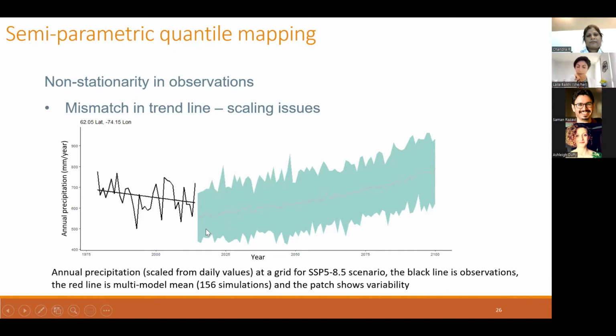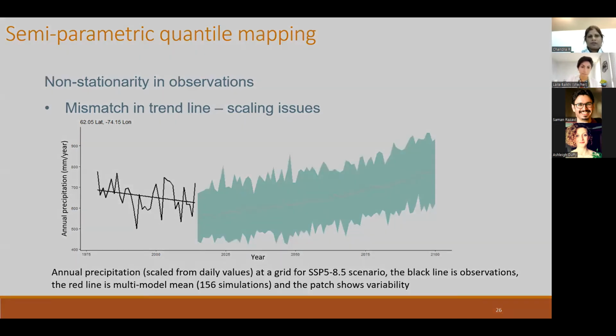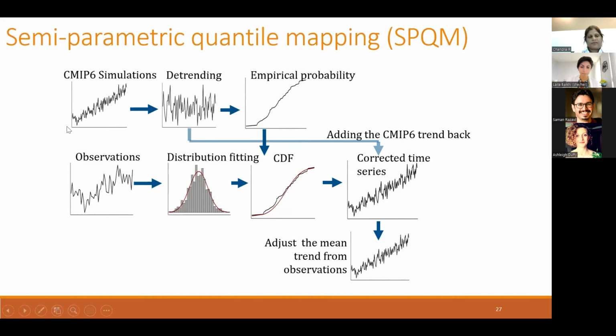So for that reason we have to do an extra correction to match even the trend line or the mean of the future simulations. To be specific, in the semi-parametric quantile mapping we have the climate model simulations, we detrend them and then get the empirical probabilities, and we also have observations.